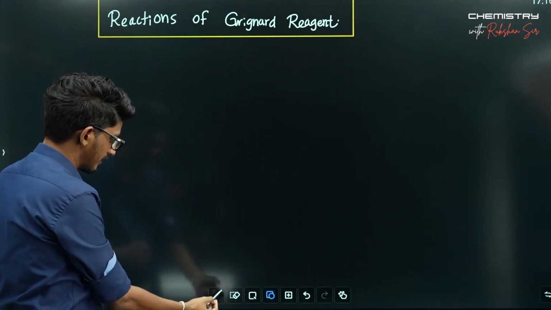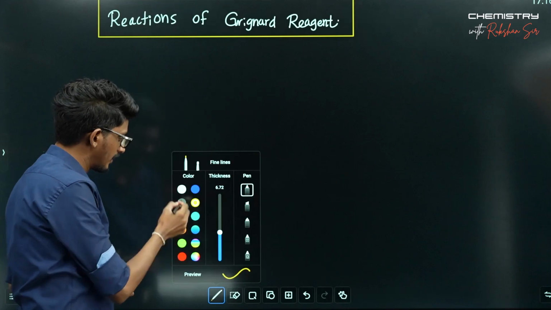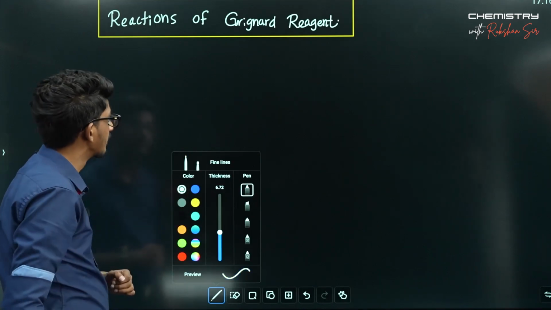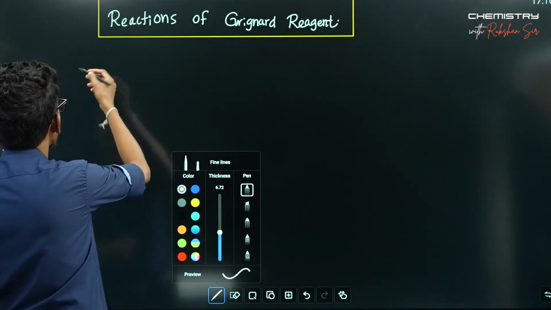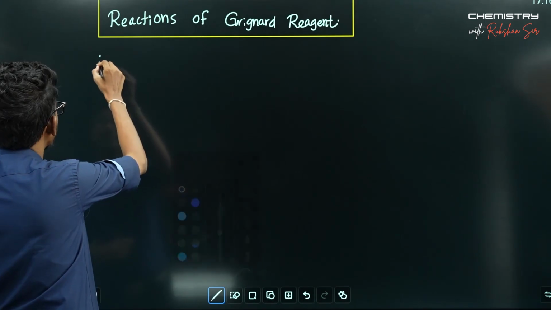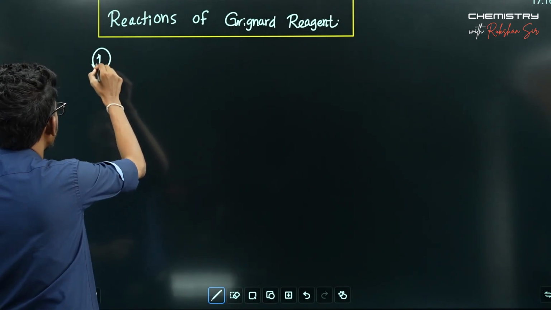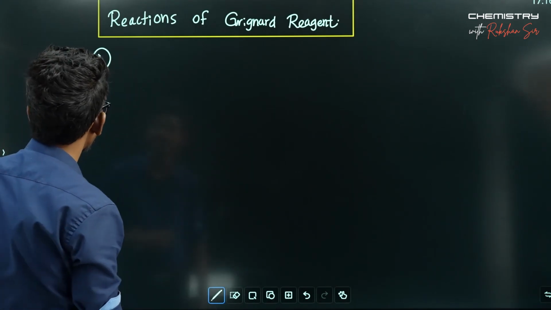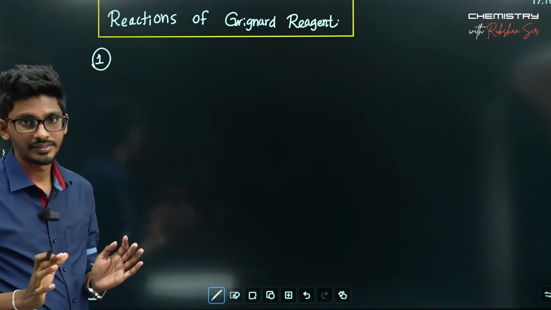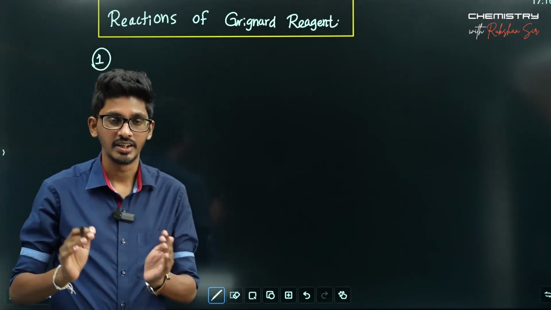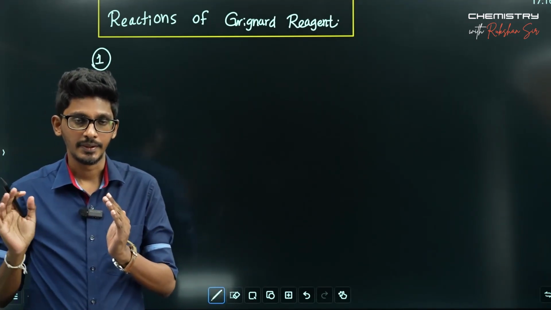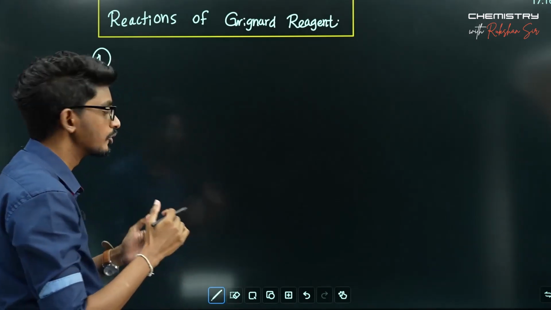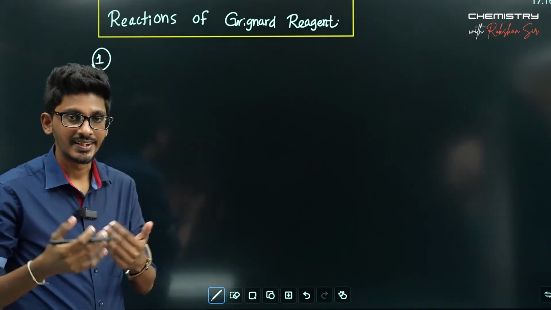First thing, as I have mentioned earlier, there are 2 kinds now. When Grignard attacks delta positive hydrogens, those reactions are referred to as the reactions via Grignard reagent involving it as a base. Attacking delta positive hydrogens means it's a base.